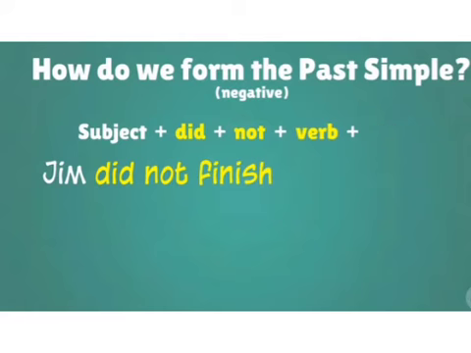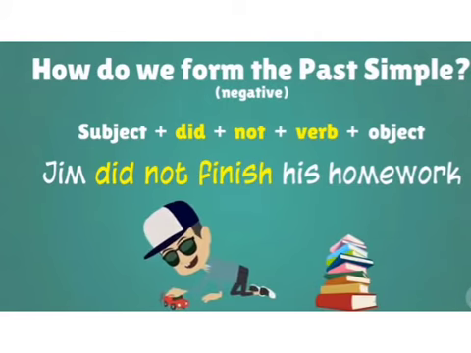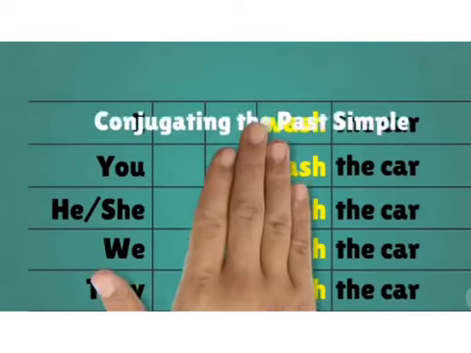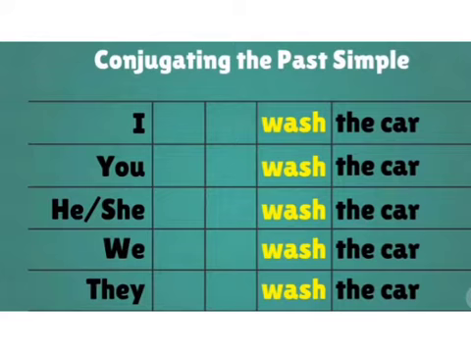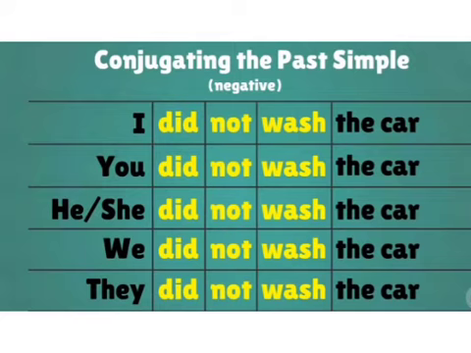So here Jim is subject, did not finish is the past negative verb, his homework is object. So children, you should not use washed or finished when you write for negative. I did not washed the car is wrong. The exact answer is I did not wash the car. Remove ed for these kinds of negative past tense.